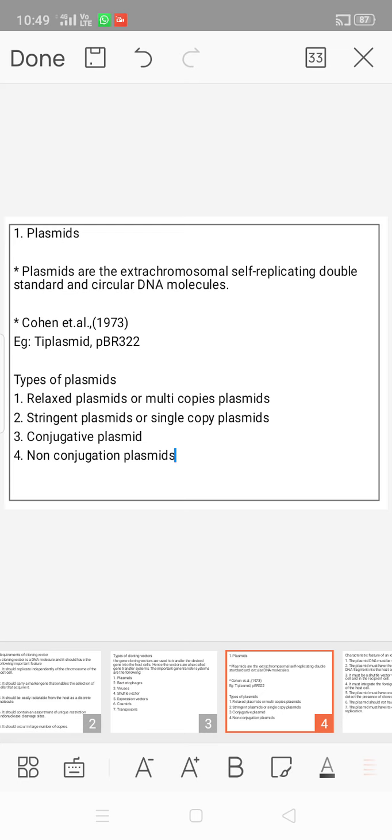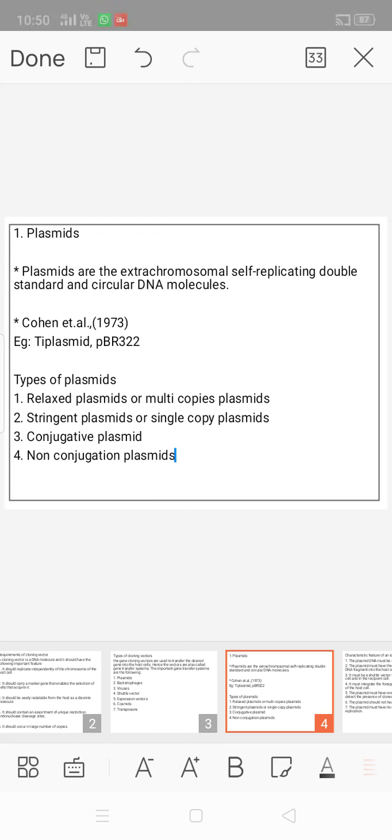And third one, conjugative plasmids. These types of plasmids carry a set of genes known as transfer genes or tra genes. These genes promote conjugation. Each cell contains 1 to 3 copies of conjugative plasmids.